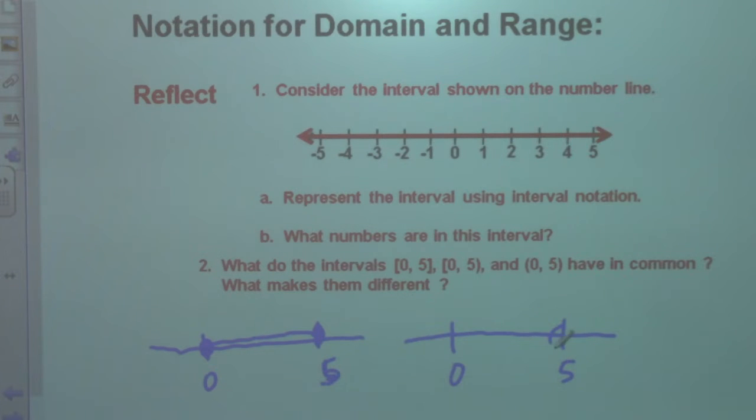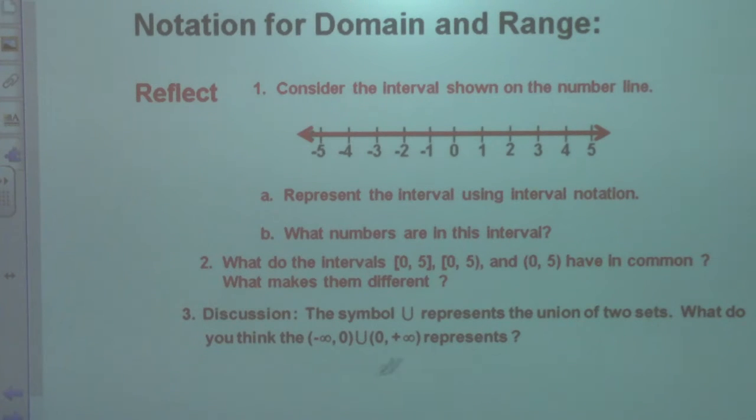So it looked like this, and then the last one is going to be 0 to 5. Both will be like this. And what kind of intervals do we call these? Finite intervals, right? Very good. So we have that, and that's pretty self-evident.